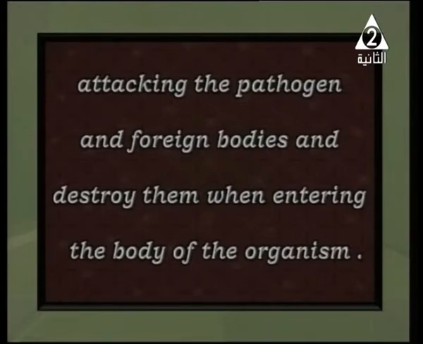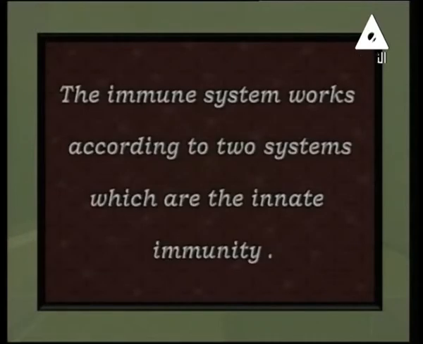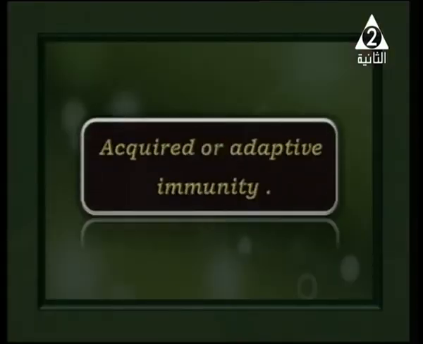This is a type of immunity. Also, the immune system works according to two main systems, which are the innate system and acquired or adaptive immunity. So right now we're going to study the innate system separately and acquired or adaptive immunity on the other side. Well, let's start.